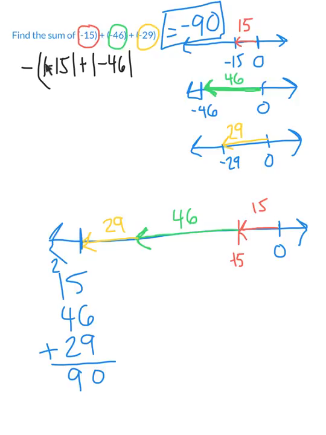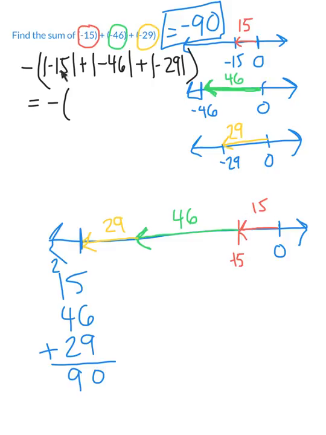Remember, these two lines just means absolute value or the distance, right? So the absolute value of negative 15 is just 15. And then plus the absolute value of negative 29. I'm going to close my parentheses. And then this goes to negative, and inside my parentheses, let's simplify my absolute values.